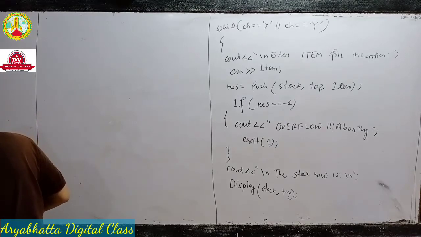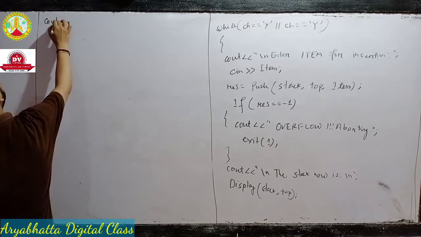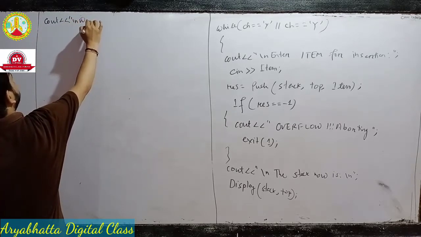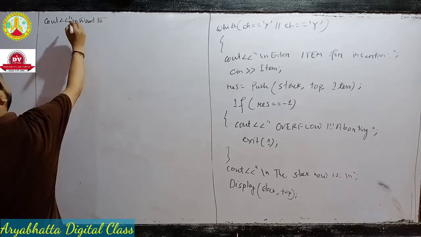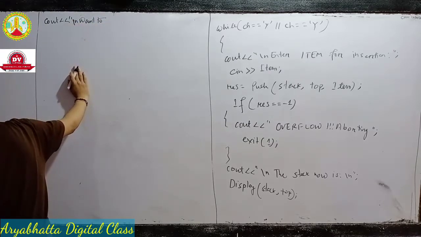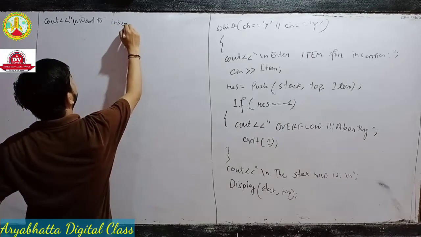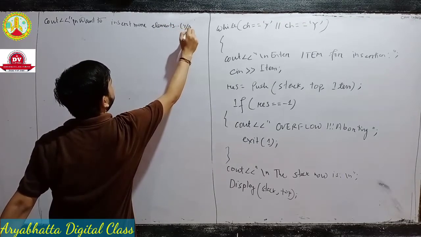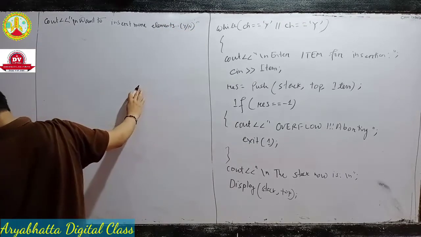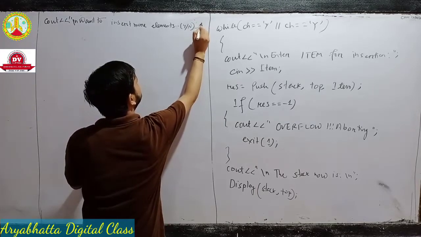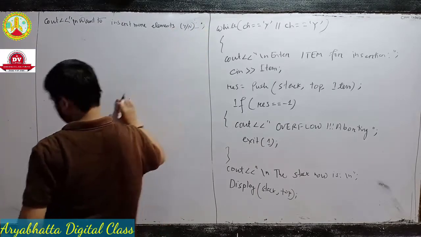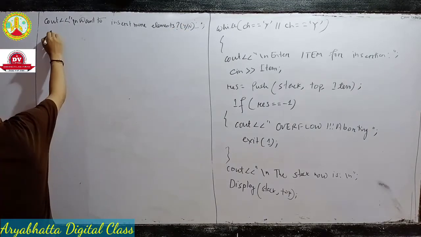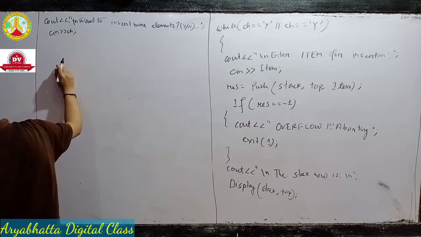After that, after this, serially write down, okay, see out backslash n, want to insert more element, yes or no. This is coming in a character variable.